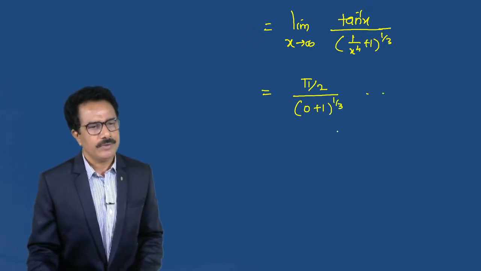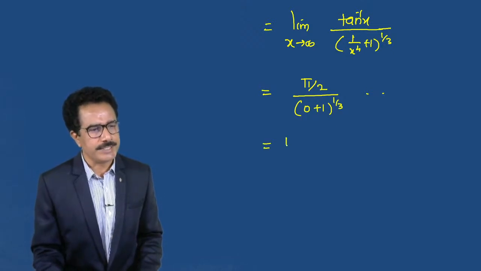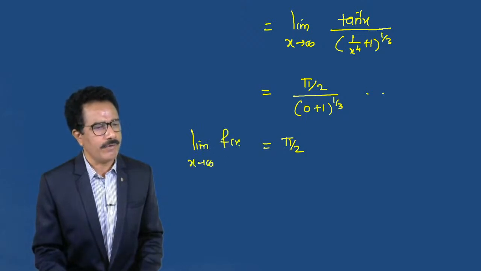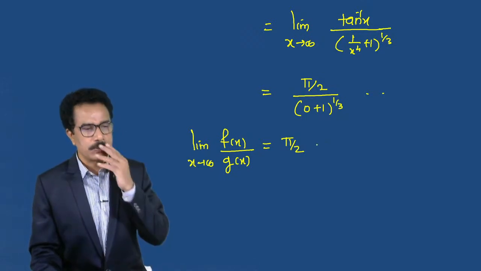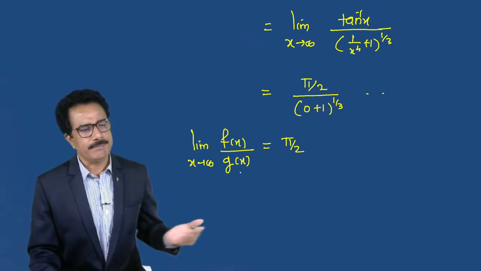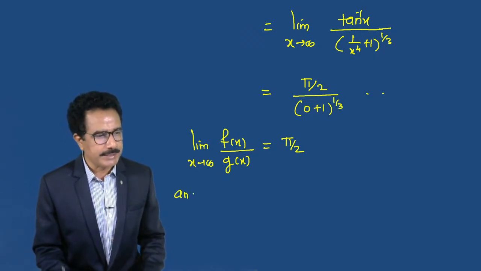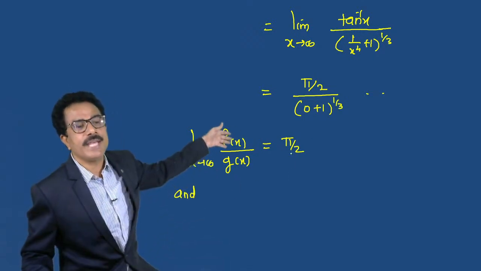So we get limit x tends to infinity f of x divided by g of x, which is equal to pi by 2, and it is the value of L.